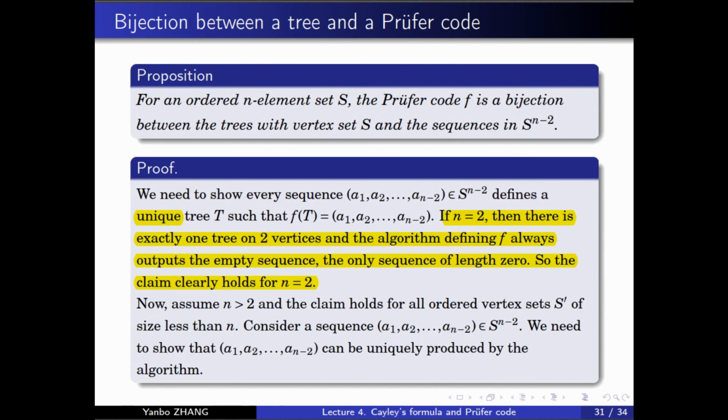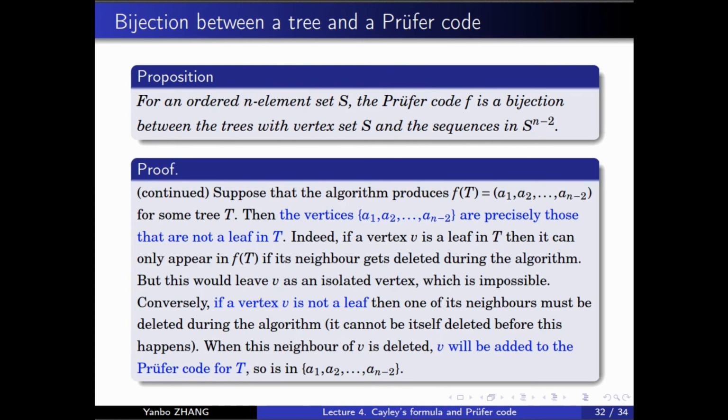We need to show that a1, a2 up to a(n-2) can be uniquely produced by the algorithm. Suppose that the algorithm produces F(T) equals a1, a2 up to a(n-2) for some tree T. We will prove that from this sequence we can only get this tree.